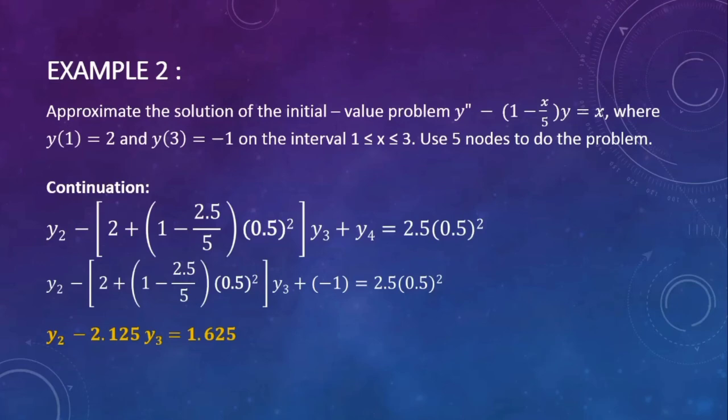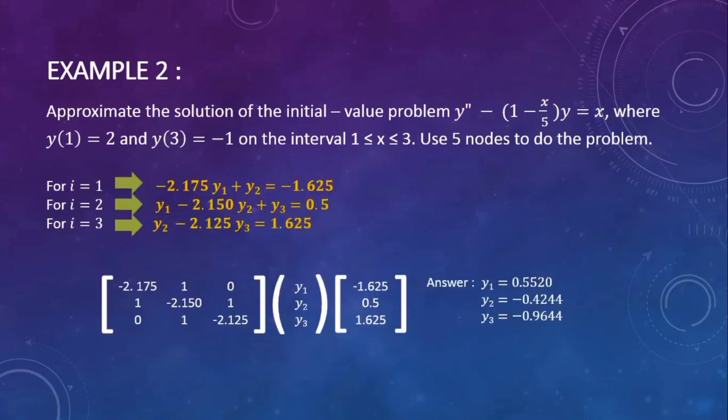So, ato na i-calculate. So, mukuha ta og result na y sub 2 minus 2.125 y sub 3 equals to 1.625. So, next, ato na siya ibutang sa matrix.